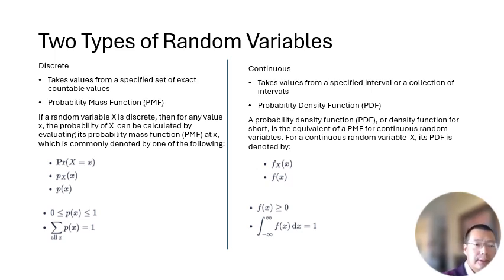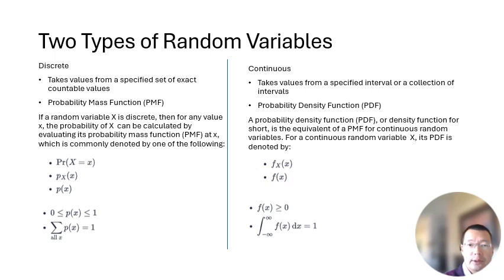For discrete random variables, if a random variable X is discrete, then for any value x, the probability of x can be calculated by evaluating its probability mass function, PMF, at x, which is commonly denoted by one of the following. You can either say probability X equals small x, or p(x) with subscript X or without the subscript X. For a continuous random variable, a probability density function, or density function for short, is the equivalent of a PMF.